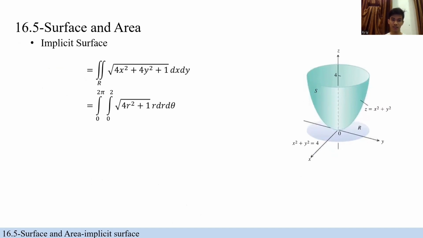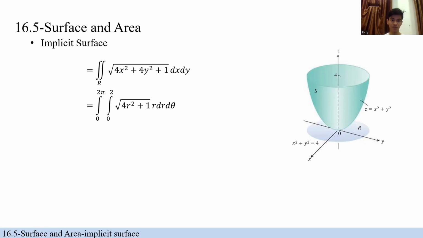Right here, as I said in the previous slide, it is a polar coordinate situation, so we need to convert the function in terms of x and y into polar coordinates. So x squared plus y squared is equal to r squared.